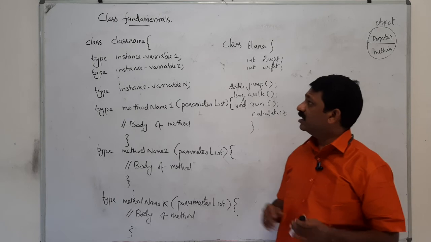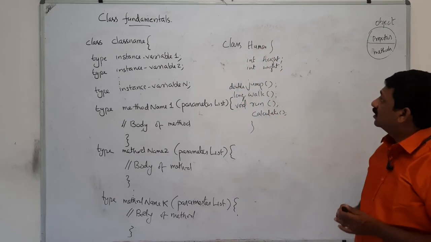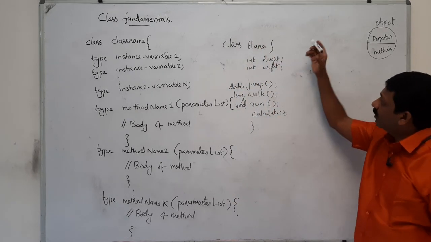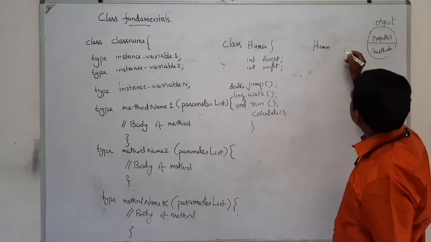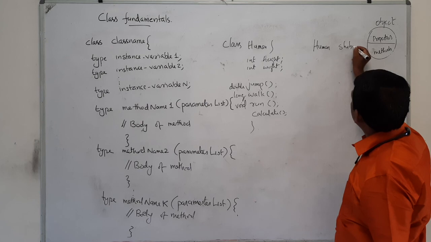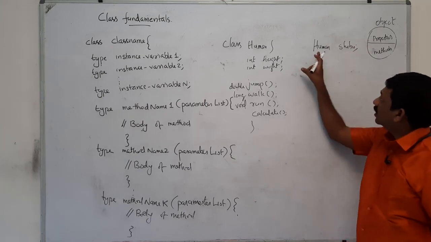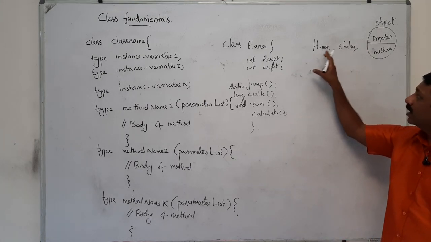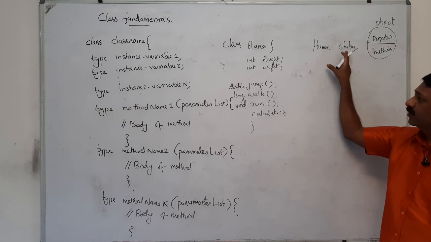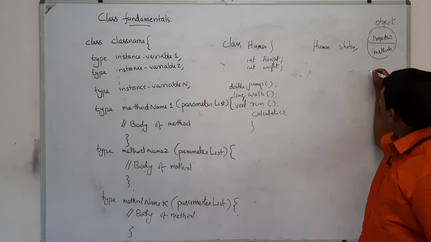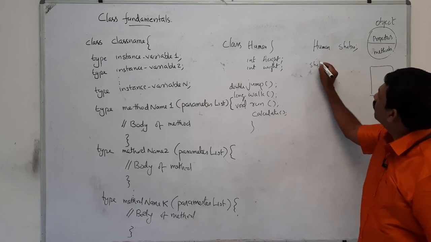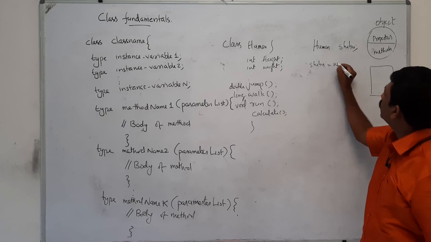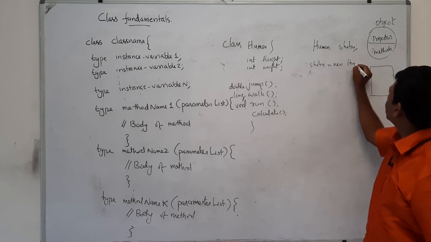And suppose that if you want to create an object of type human being, what you have to write is human Shibu. Say my name Shibu. That means here I have created an instance variable, an object of type human, and if you want to allocate space for this, you should have a statement like Shibu equal to new human.